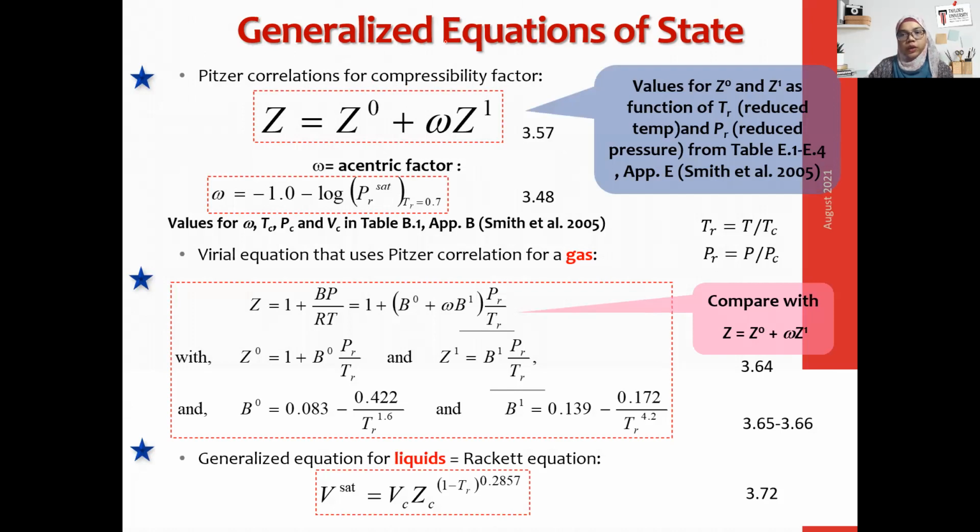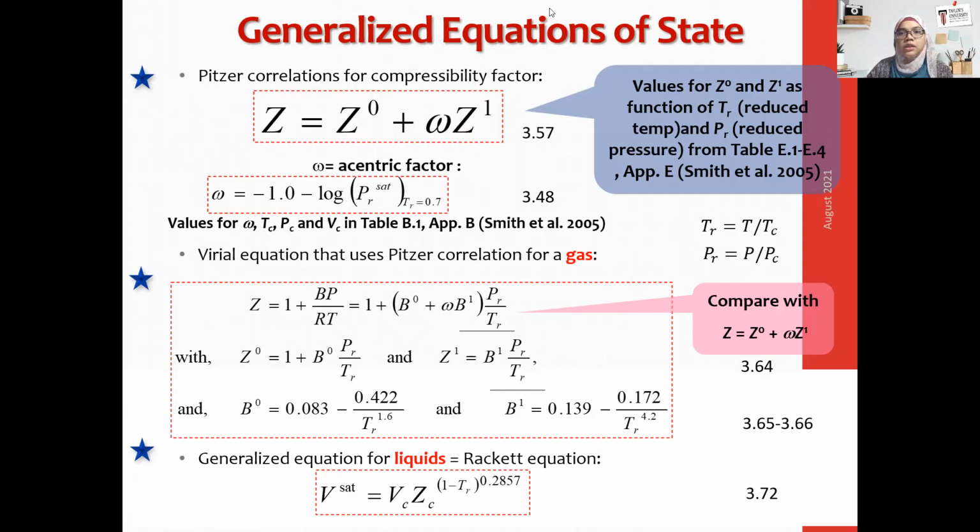This is the last equation of state. Okay, the generalized equation is based on a modification using the compressibility factor. For the virial equation of state, we depend on the compressibility, but for the generalized equation, which basically applies at higher pressure, we introduce Z naught and also the eccentric factor, as well as Z1.